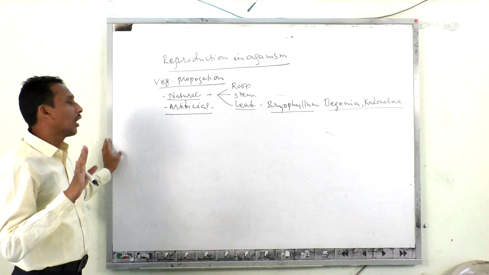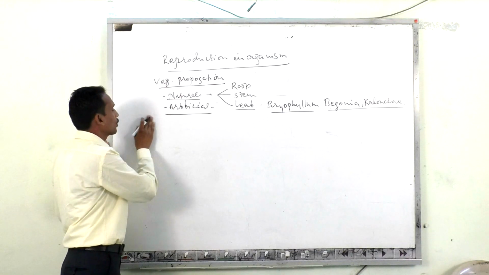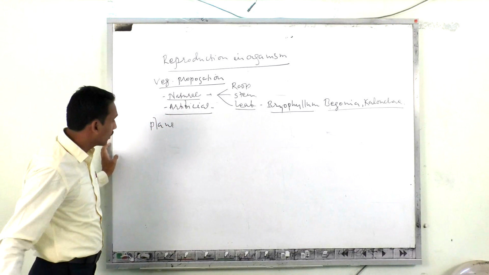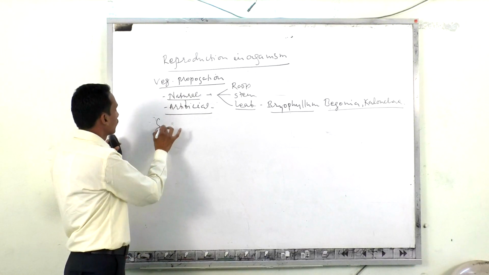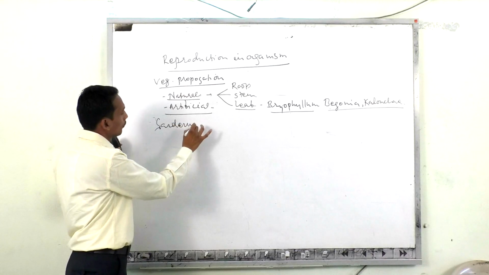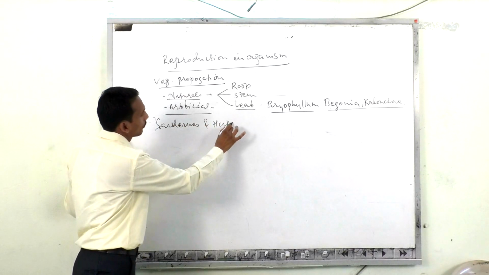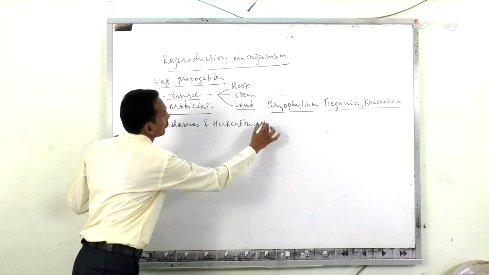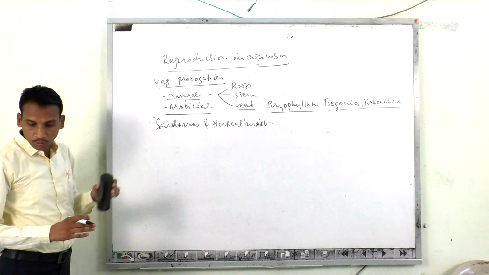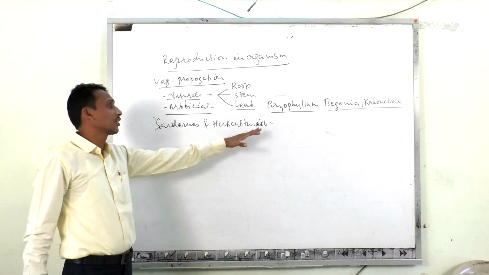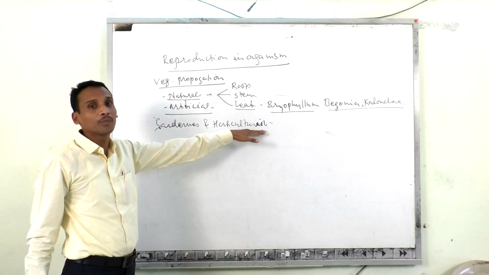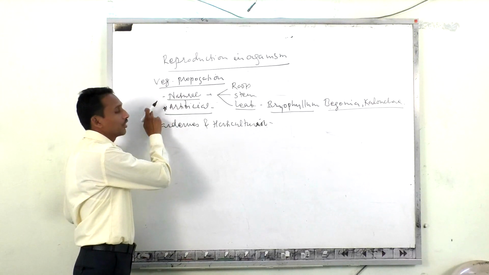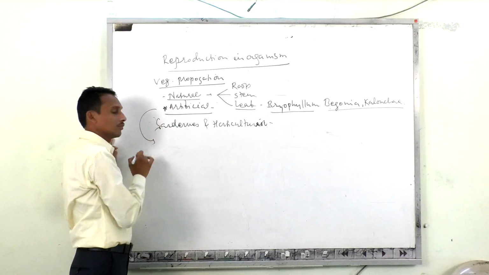This artificial type of vegetative propagation is used by gardeners and horticulturists. In horticulture and in the gardening process, this artificial vegetative propagation technique is used.